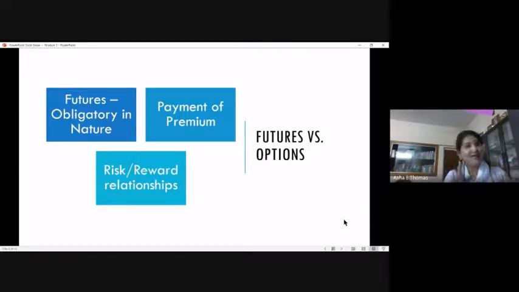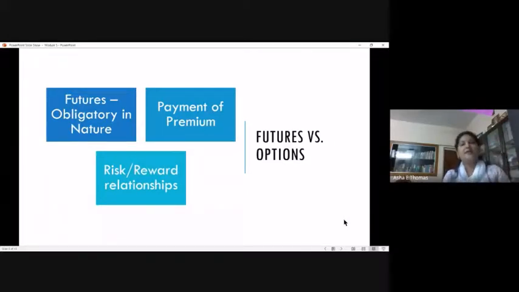That is the obligation of the person in the short position. A person in the long position has only the right to exercise or not, the decision to take it up or not. So that is the main difference between futures and options.